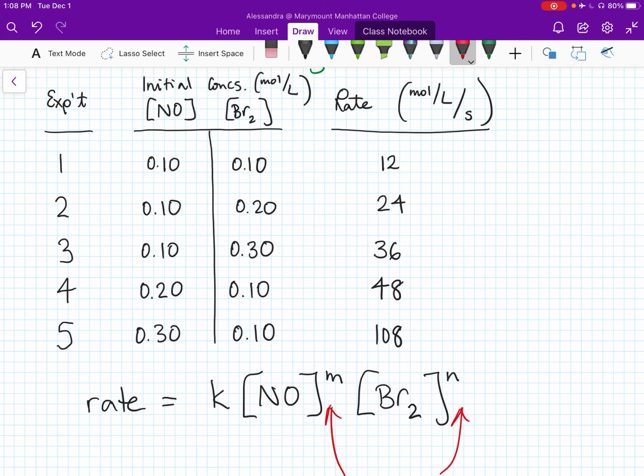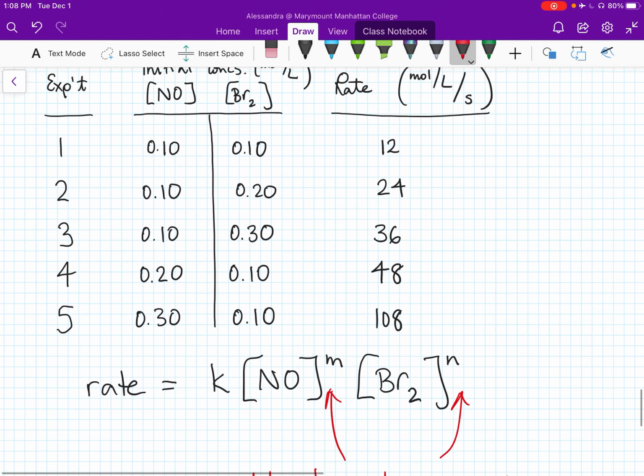want to look for two experiments where bromine concentration is changing, but the NO remains the same.